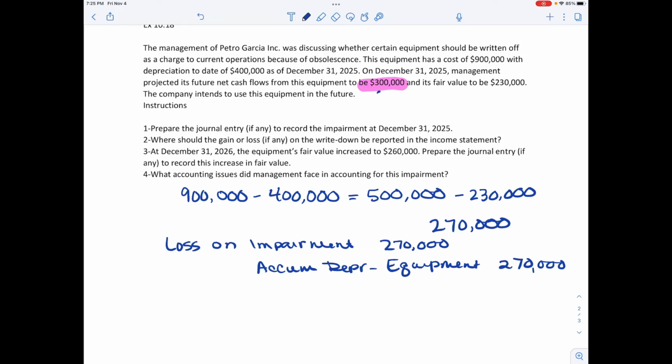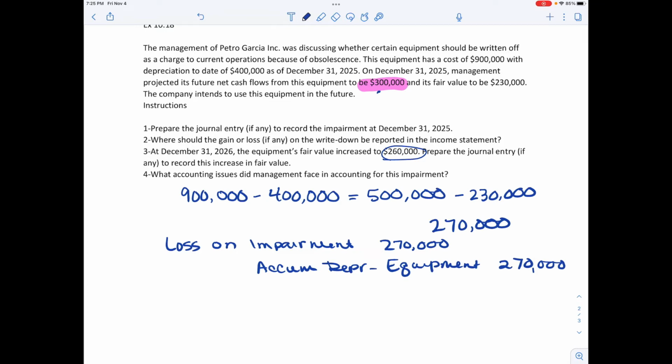They want to know where we would report this gain or loss on the income statement. It's going to go in the other expenses or losses section. It's highlighted as an unusual item. And then they ask, well, if the fair value then increased, do we do anything with that? The answer is no. We don't restore any impairment loss if the asset is in service.